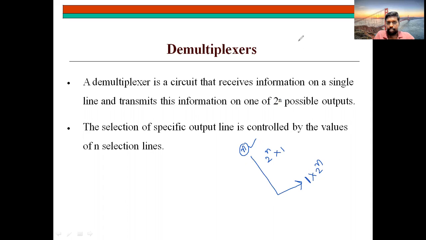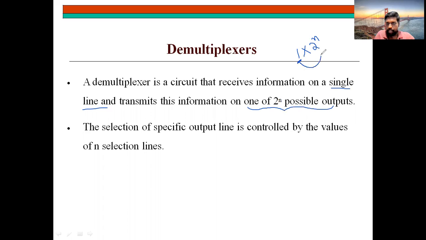The demultiplexer is a circuit that receives information on a single line, that means the input will be a single line, and transmits this information on 1 of 2 power n possible outputs. This single input will be visible in 1 among the 2 power n, and that particular one is decided by this n.